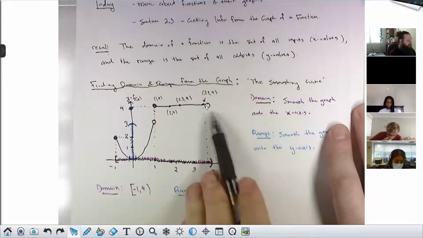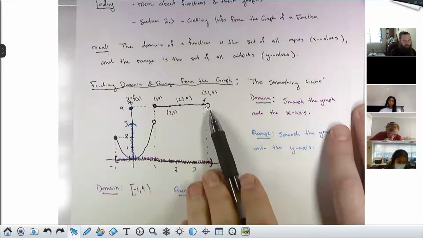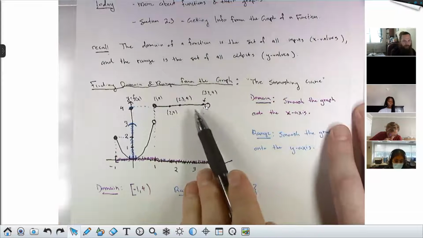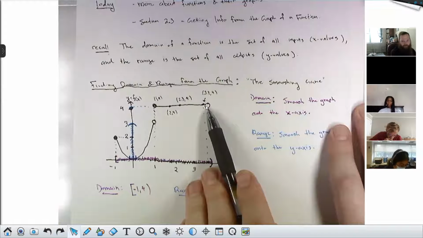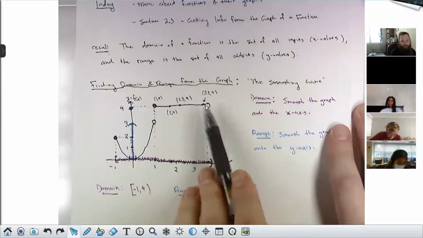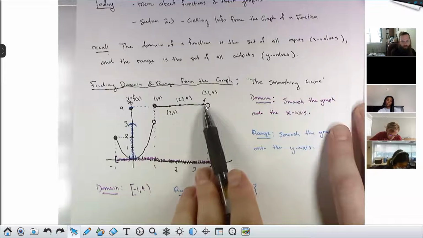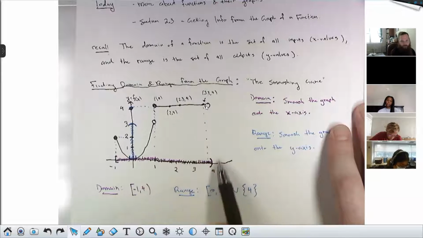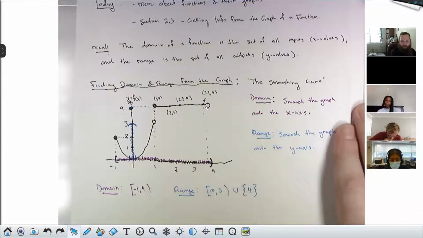But there isn't actually a point here on the graph. That's what the open circle signifies. So everything up to 4 has a point on this line, but x equals 4 itself does not have a corresponding point on this line. So we'd say the domain is everything up to, but not including, 4 itself.